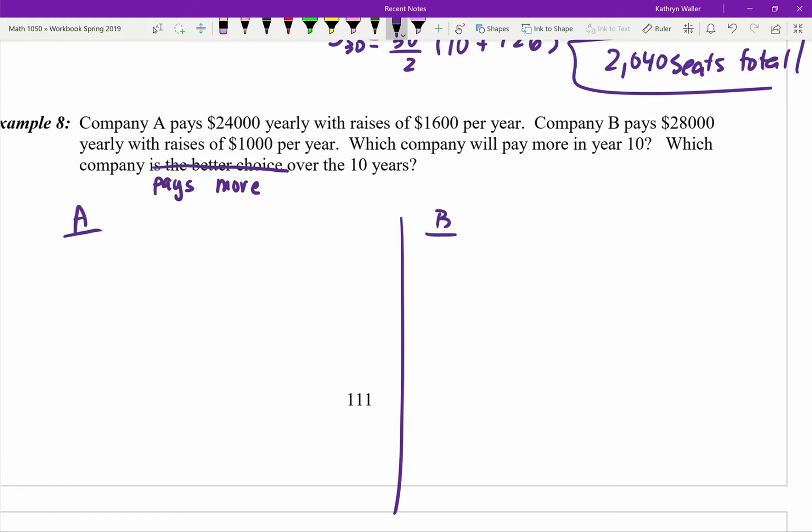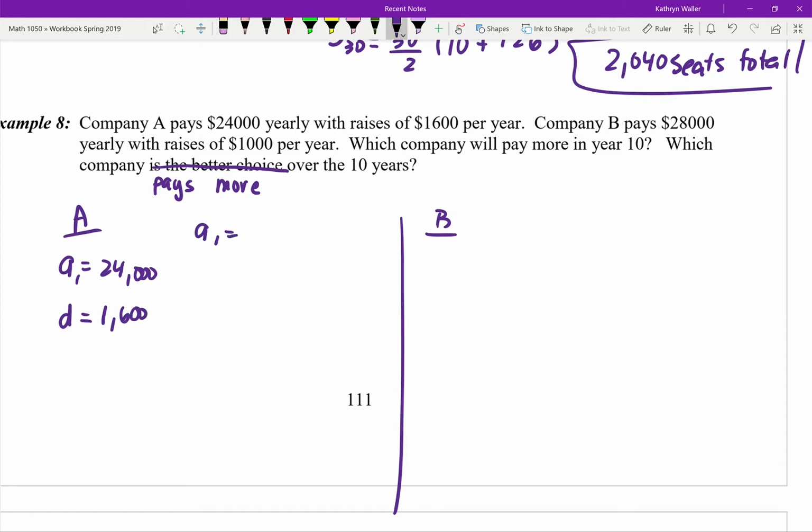Okay? So company A, the first year, A sub 1 or A is 24,000. It's arithmetic, and I know my D is what, everybody? What am I adding every single year? 1,600. Okay, let's write this down for a sec.